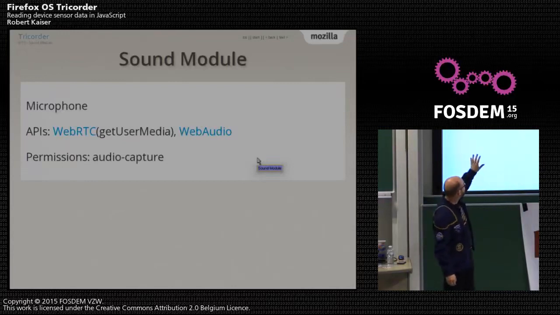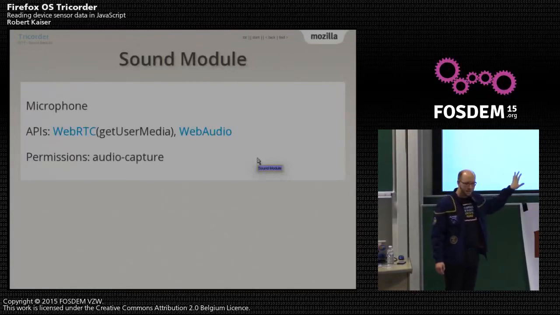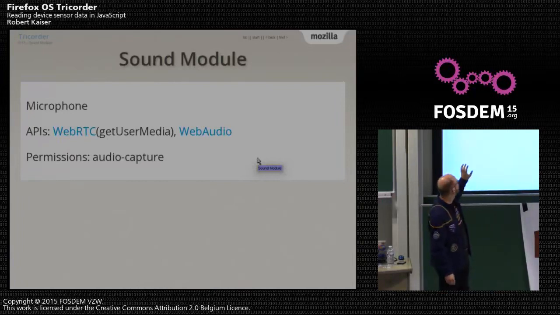So for getting the microphone itself, we're using WebRTC, or the Get User Media piece of WebRTC. For analyzing, I'm using Web Audio, which is a pretty new standard, but it's extremely powerful. So what you're seeing is a very small piece of what it can do.